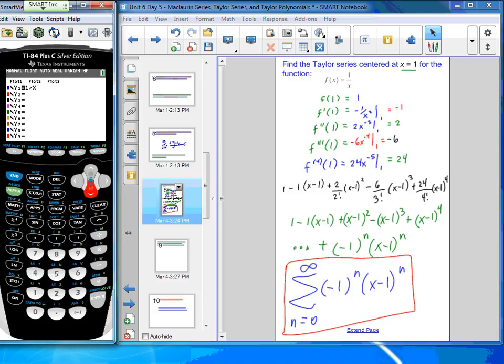So for us, we already recognize the pattern. We see 1 minus quantity x minus 1, which certainly would reduce, but to keep it straight for me, 1 minus x minus 1 plus x minus 1 squared minus quantity x minus 1 cubed plus x minus 1 to the fourth, and one more, minus quantity x minus 1 to the fifth.